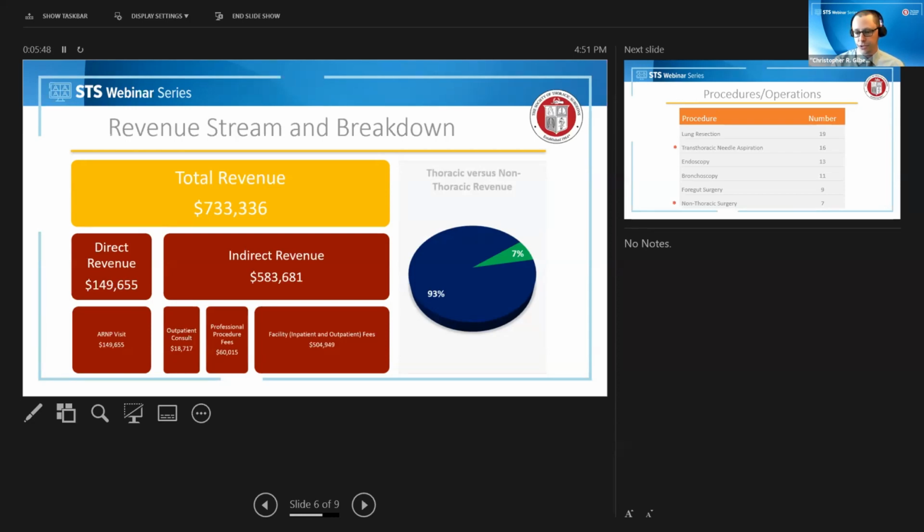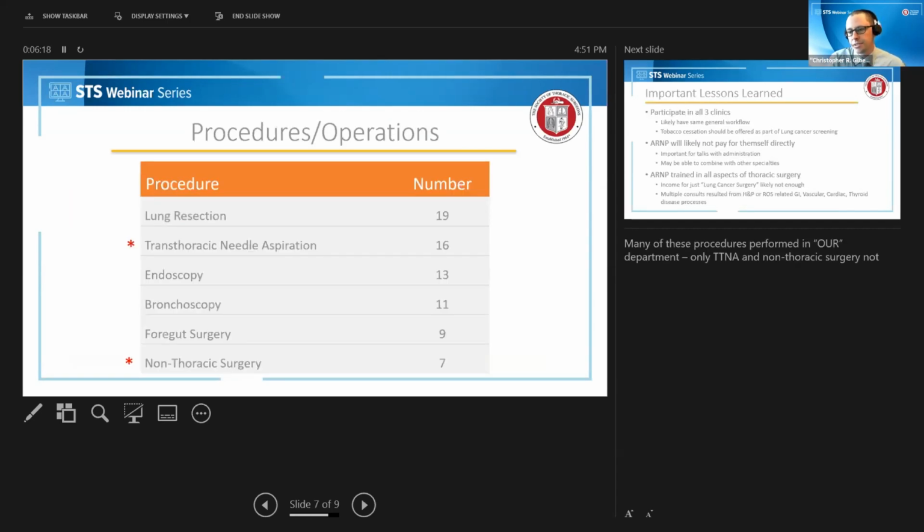The indirect revenue is outpatient consults, both with us as well as with non-thoracic providers, the professional procedure fees incurred as a result of workup and evaluation from some of these CT scans, as well as the large chunk of revenue from facility fees from both inpatient and outpatient procedures and operations.